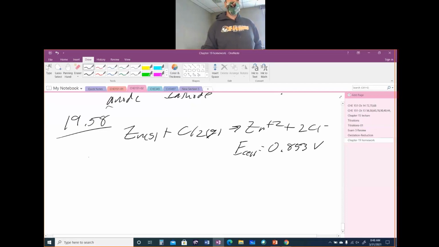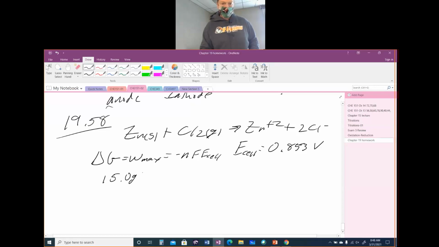All right, so you have to remember that your delta G is equal to work max, and that is equal to negative NFE cell. All right, but we're not using a mole, we're using 15 grams. So 15.0 grams of zinc.